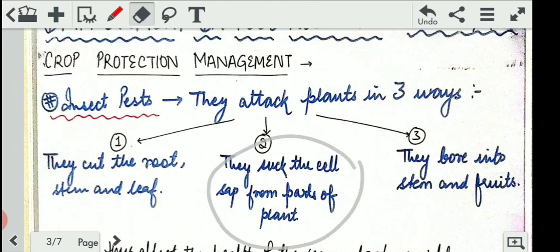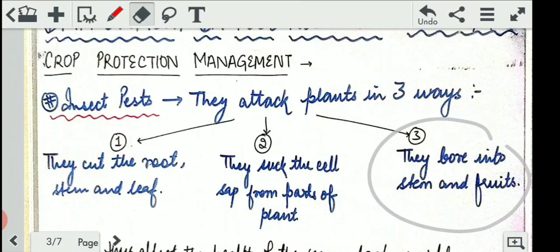Secondly, they suck the cell sap from parts of the plant. Whatever food the plant has stored in some parts as cell sap will be sucked up by these pests. As a result, there will be no food left for the plants. Thirdly, they bore into stems and fruit.